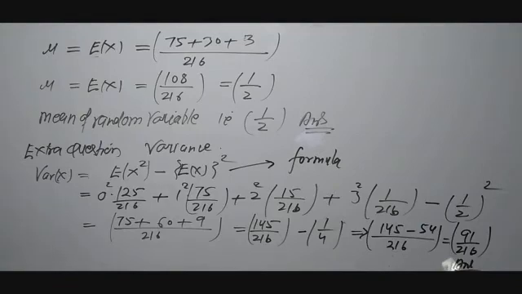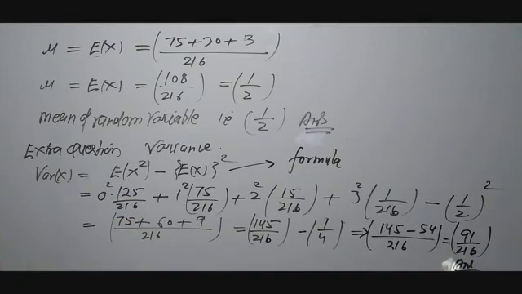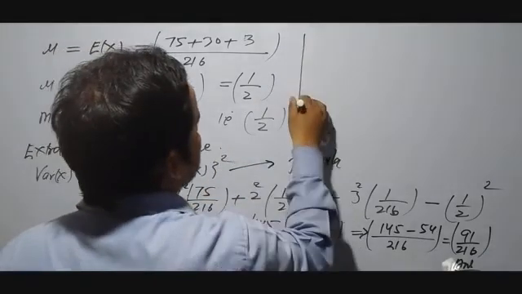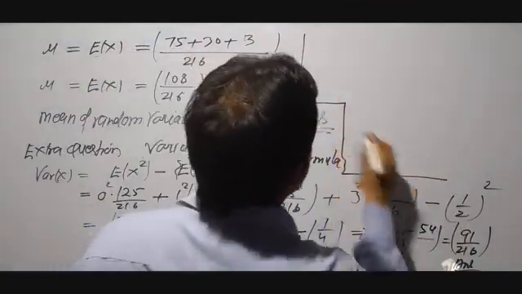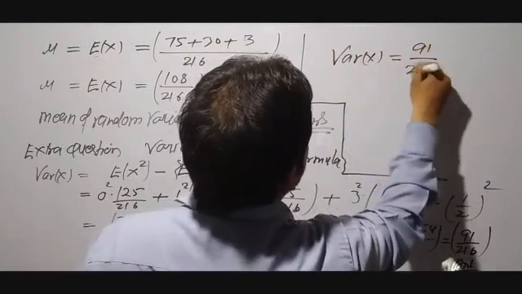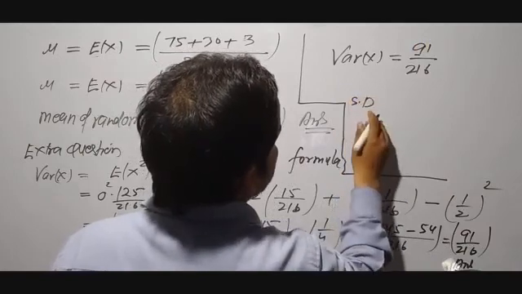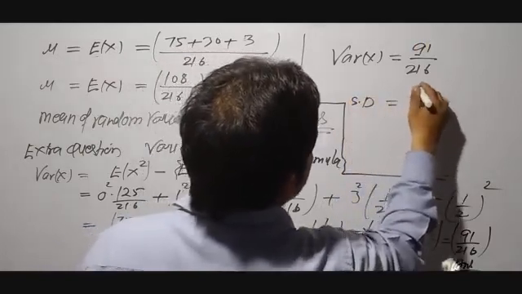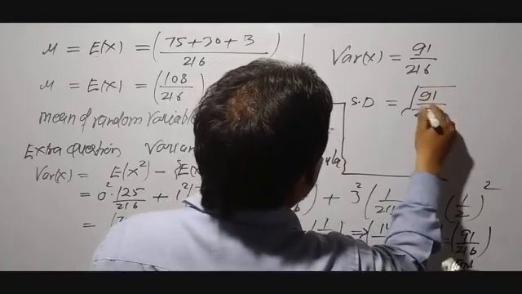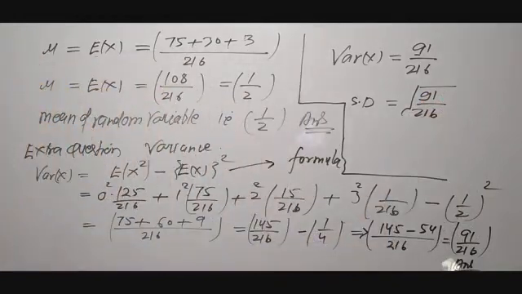The variance of x is 91 by 216, so the standard deviation will be the root of 91 by 216. This is the positive square root, and this will be the answer.